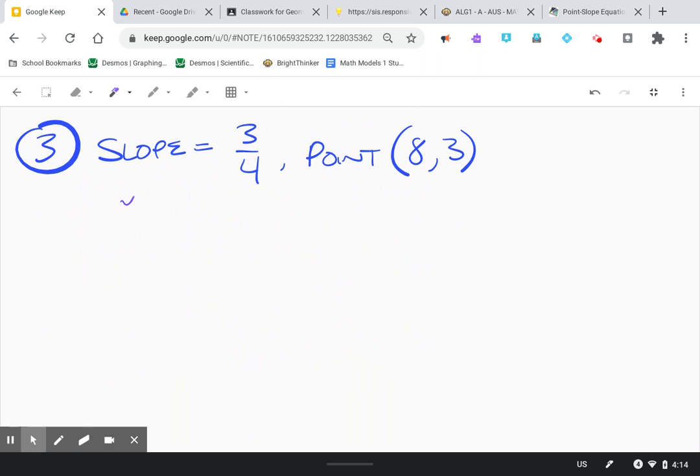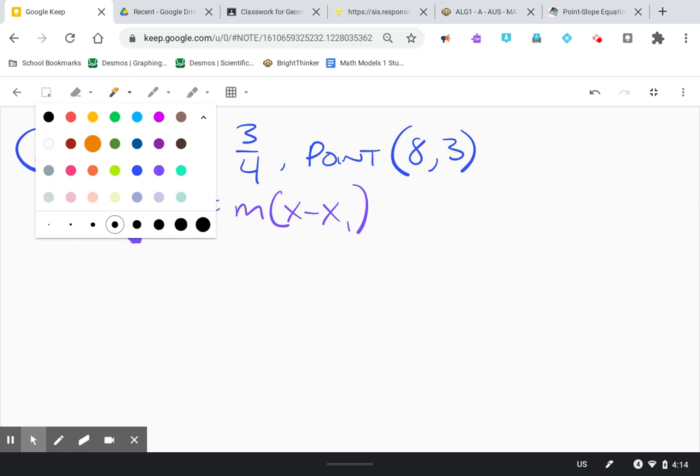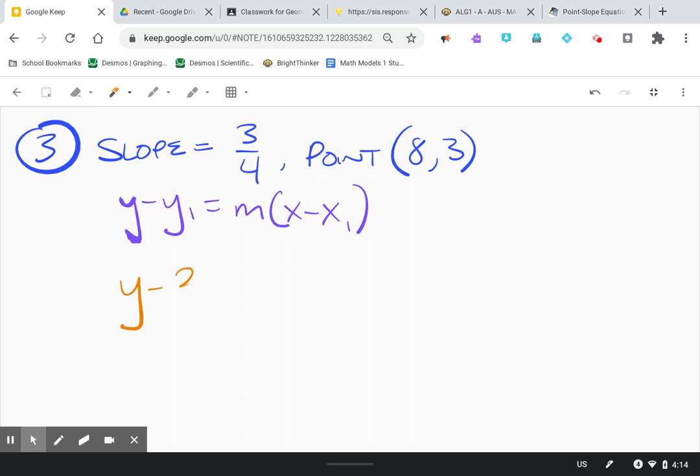So we're going to get, again, y minus y1 equals m times x minus x1. All right, so let's plug everything in. We have y minus 3, because that's our y1. This is our x1.